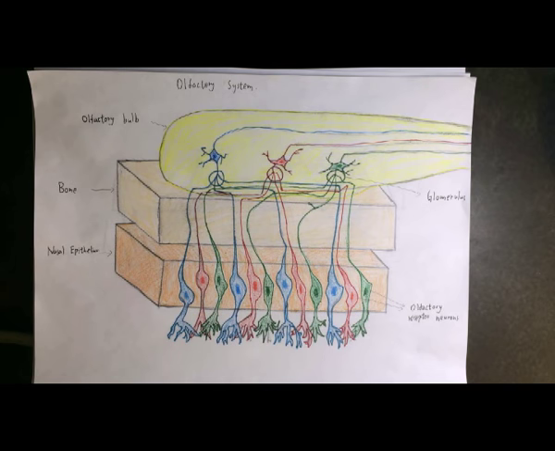Then all different impulses come together at the glomerulus, a structure that transmits signal to the olfactory bulb. The olfactory bulb sits underneath our brain. And the signal from the olfactory bulb tells our brain what the smell is.